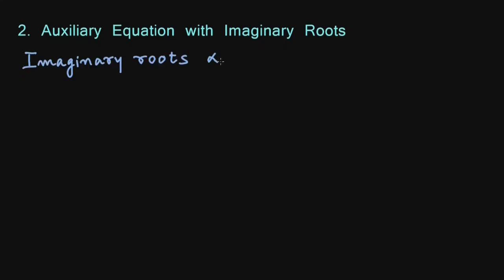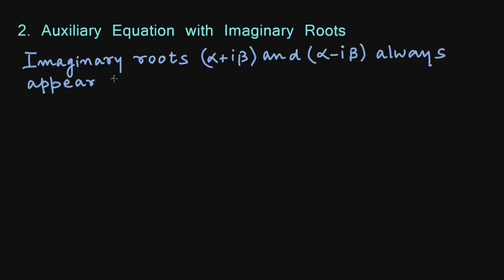Imaginary roots alpha plus i beta and alpha minus i beta always appear in pairs.